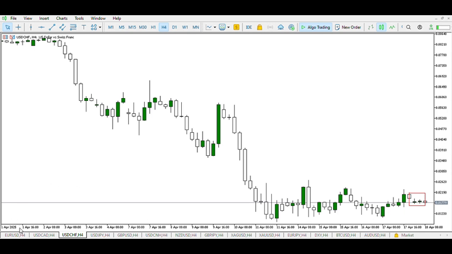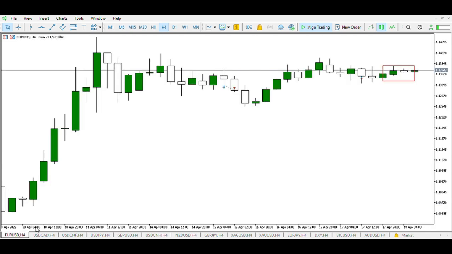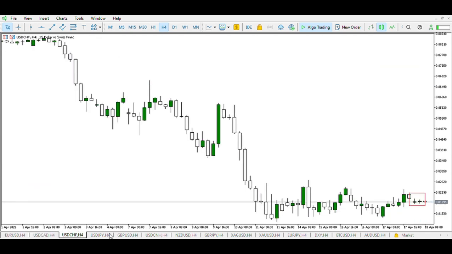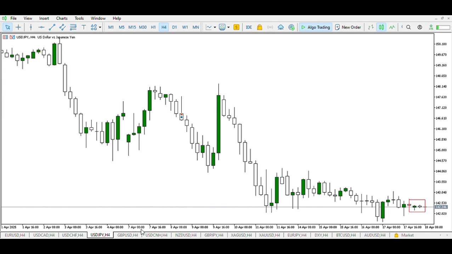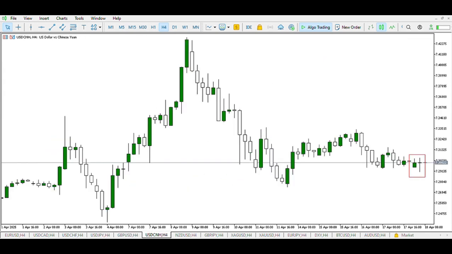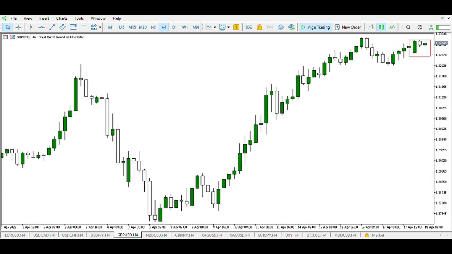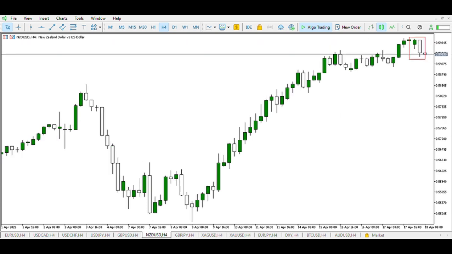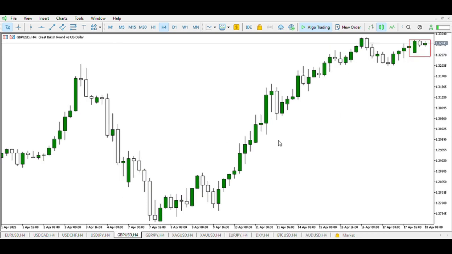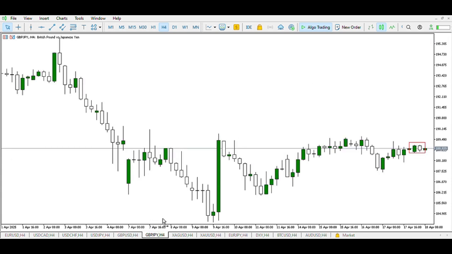So you can choose between these pairs: Euro USD, USD CAD, USD CHF, USD JPY, GBP USD if you want. The USD CNH is a no-go area. NZD USD, no-go area, because they have less volume compared to others. GJ, I don't advise that.